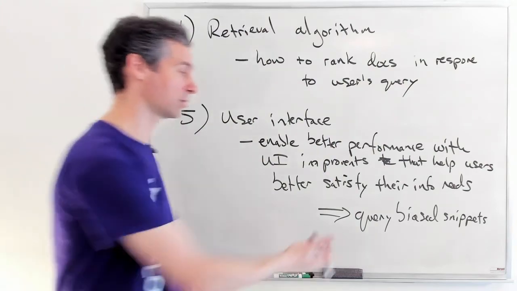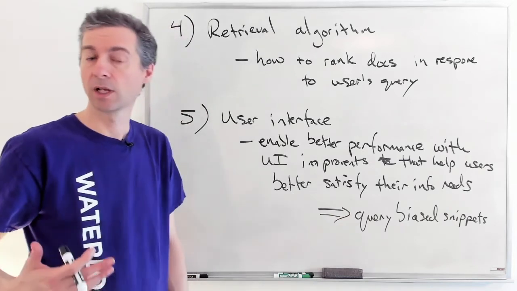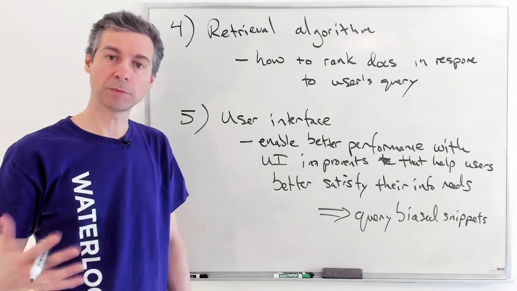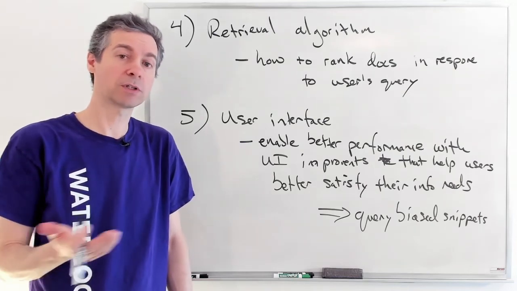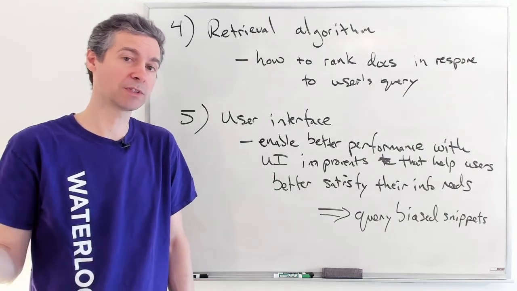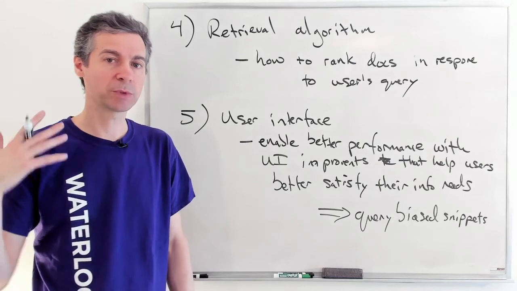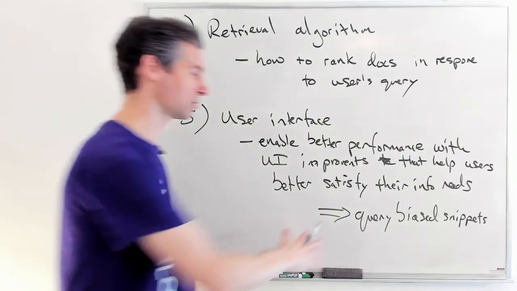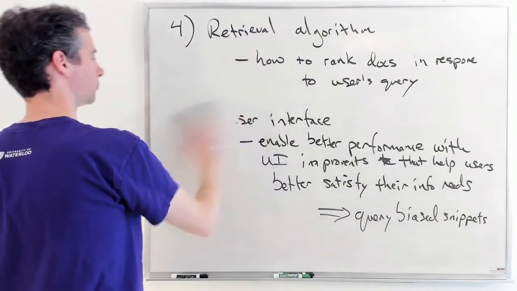It dates back to the research when people invented query biased snippets, and they found that users who are given query biased snippets are better able to find relevant material, as opposed to users who are only given, let's say, a title of a document. It might seem strange that people didn't know this, but they didn't. And in fact, this was a very, very impactful research finding.